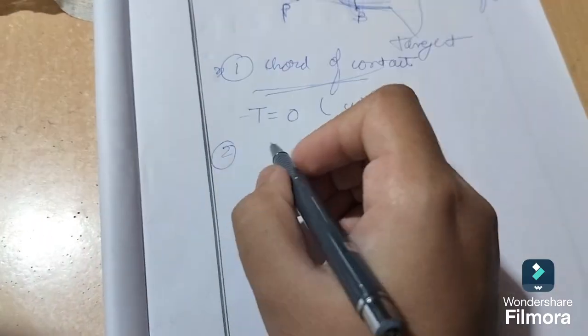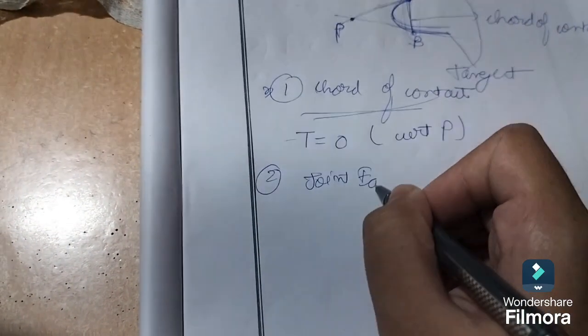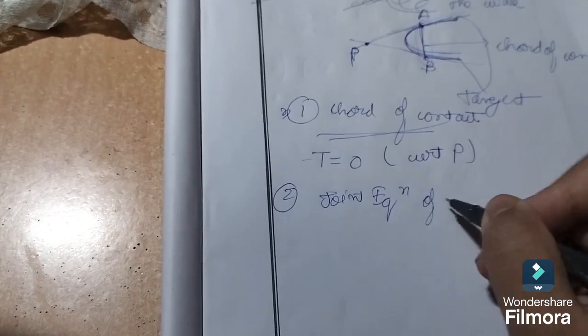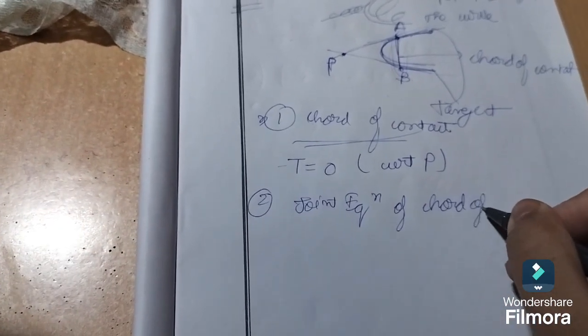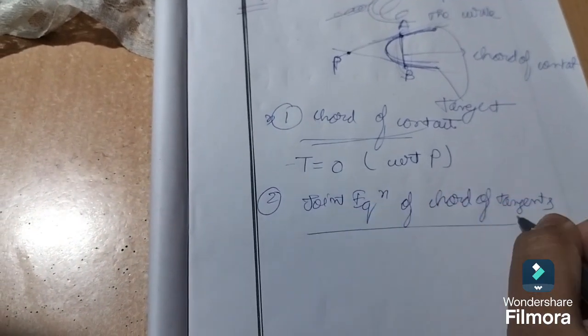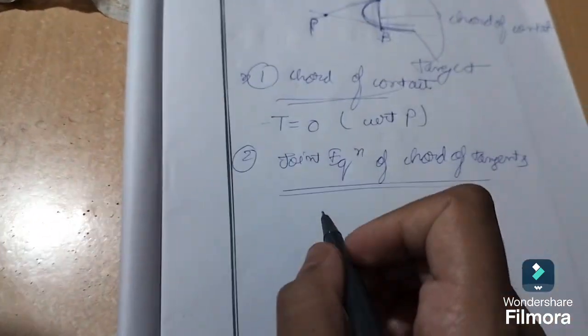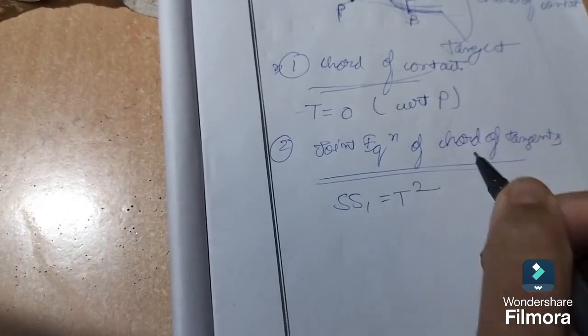Then if you have to find the joint equation of the pair of tangents, then we will get SS1 is equal to T square.